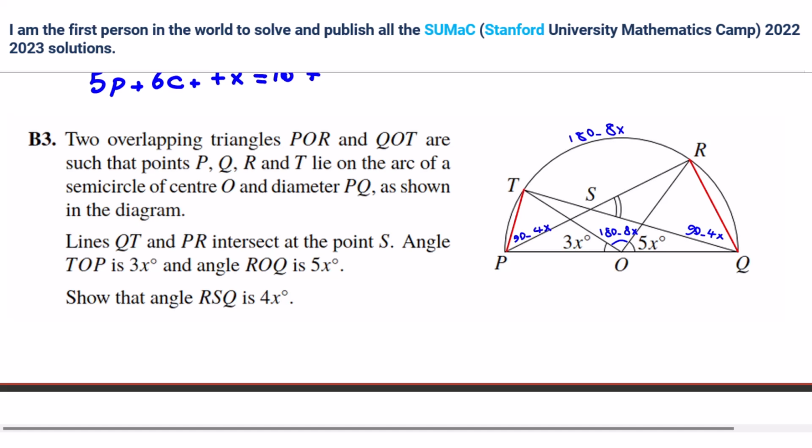Then I moved our focus to the arc PQ, which is 180 degrees. So that would then mean PRQ is 90 degrees. Yes.